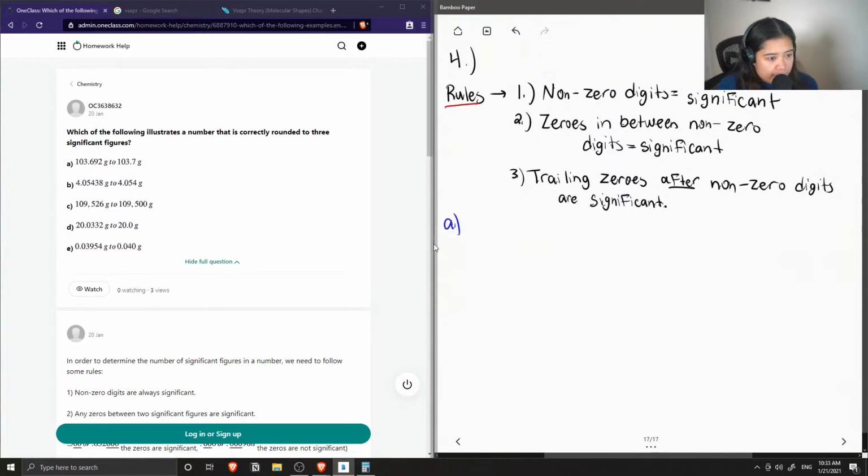So let's try to fix. First let's just say that this one isn't it, so we can just write an X. And then to round this to 3 significant figures, it should be 104 grams.